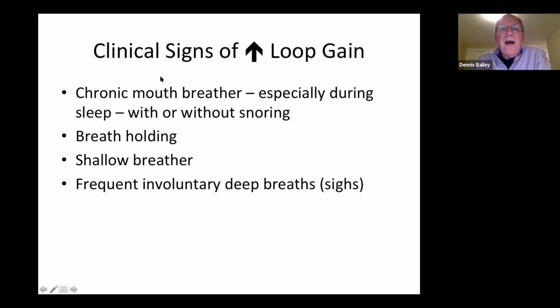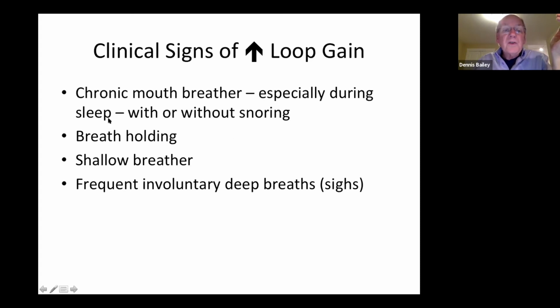First of all, many people with a high loop gain are going to be chronic mouth breathers. Why? Because their CO2 levels are not going to be reduced like they should, or ventilation is not going to allow for a balance of CO2, and they're going to have a hyperventilatory response, especially during sleep, with or without snoring. So a chronic mouth breather is a problem.